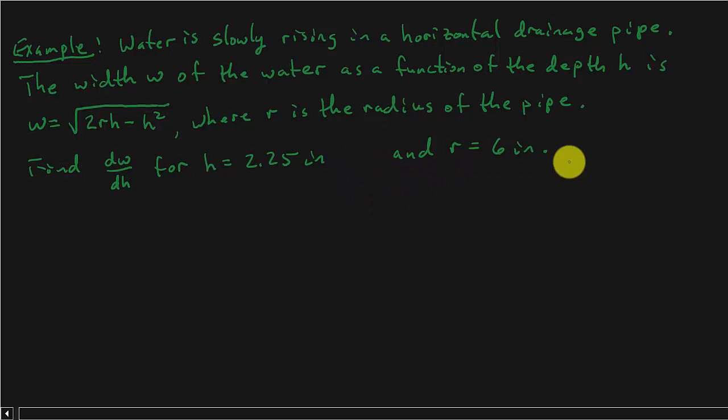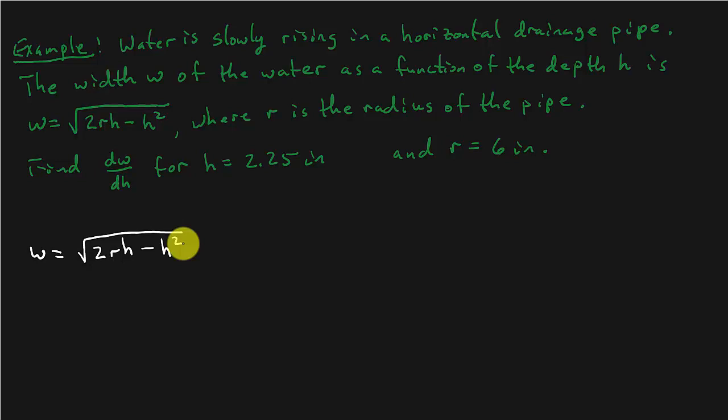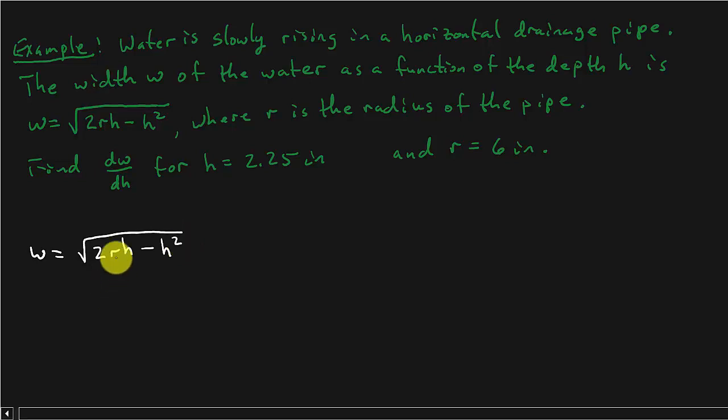Okay, so what do we have to do? We've got W equals the square root of 2RH minus H squared. I need to take the derivative of this with respect to H. H is my variable. You see the R right here?